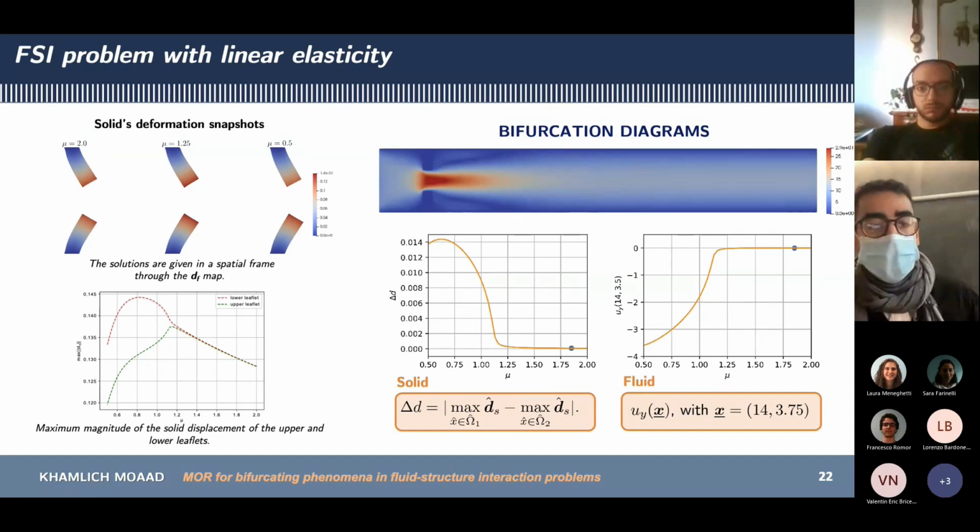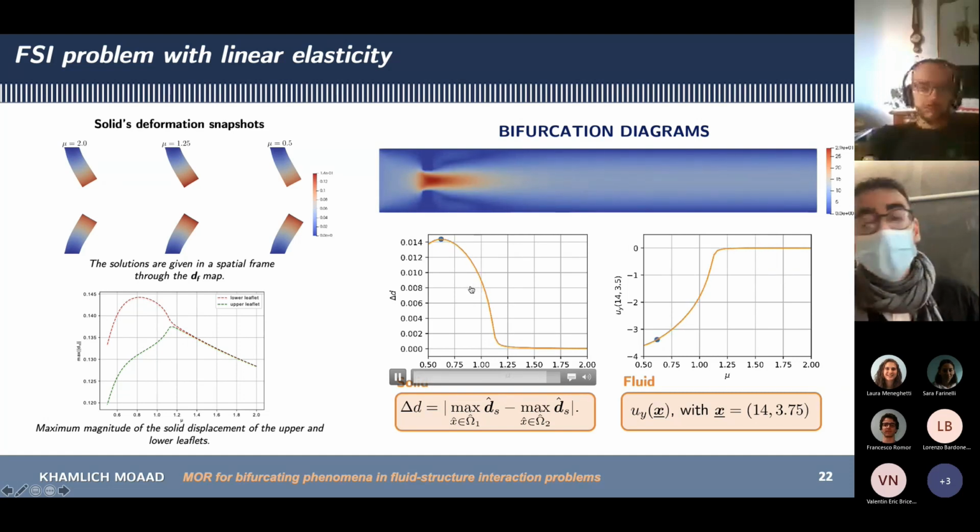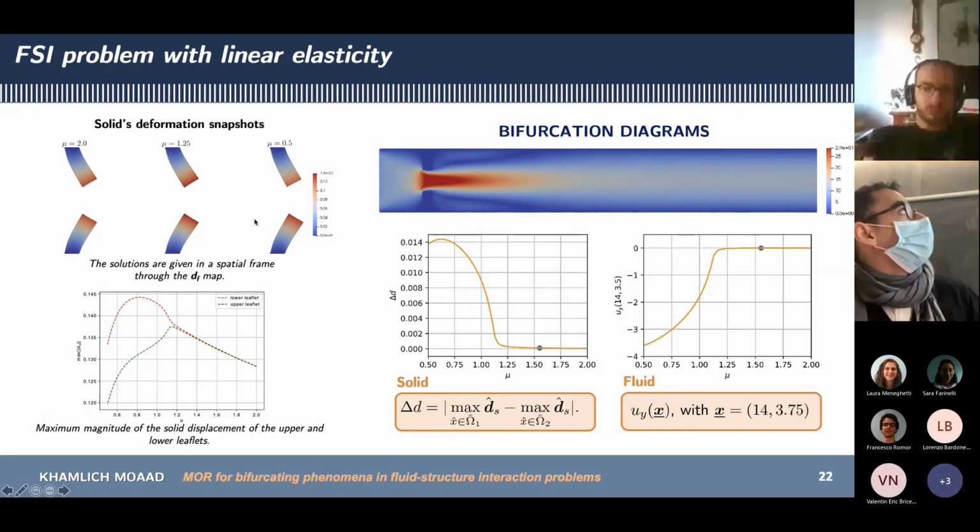And the last thing we did here was that we were interested in obtaining a bifurcation diagram also for the solid phase. And in order to do so, as a scalar output, we have just used the difference between the maximum deformation in absolute value of the upper and lower leaflets.